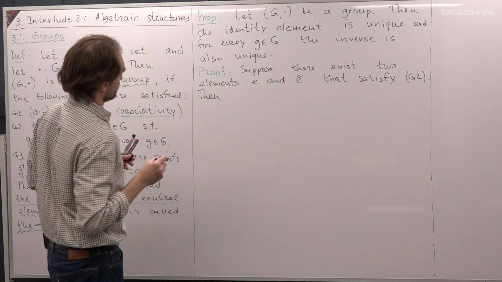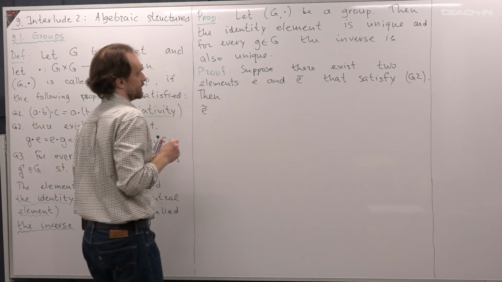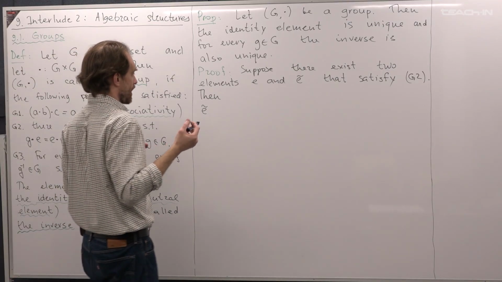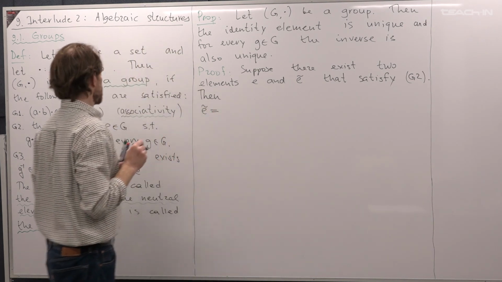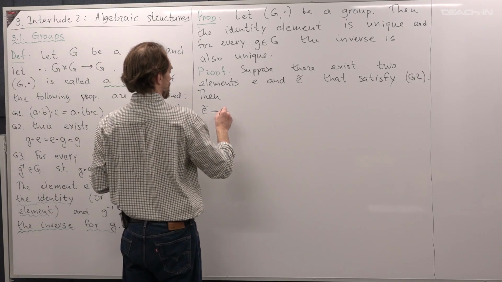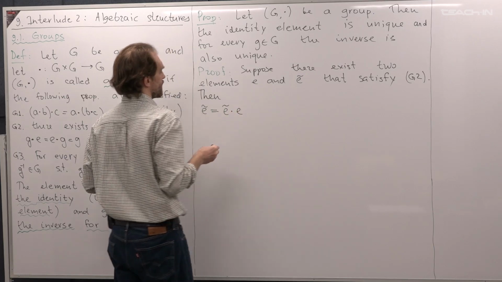Then let us start with E tilde. So it is some element from our group. That's why it can be represented as E tilde multiplied by E.